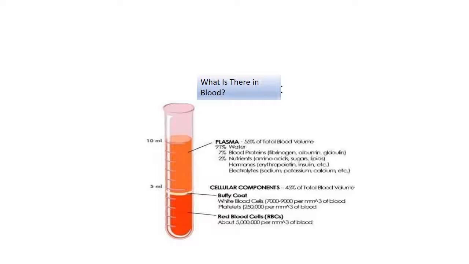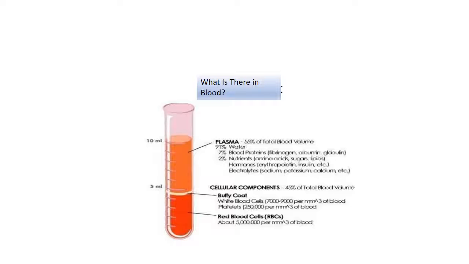You see, 91% of the blood plasma is water, but it also contains proteins like albumins, globulins, and fibrinogen, and a variety of other nutrients like amino acids, sugars, lipids, complex and simple carbohydrates, fatty acids, etc., etc. It also contains hormones.